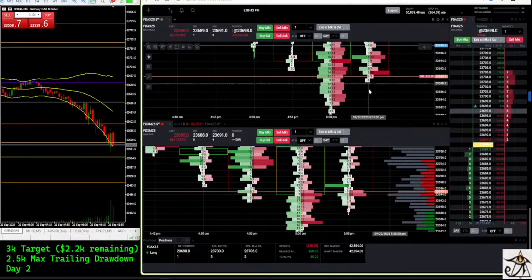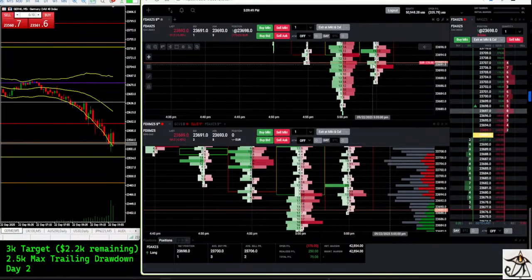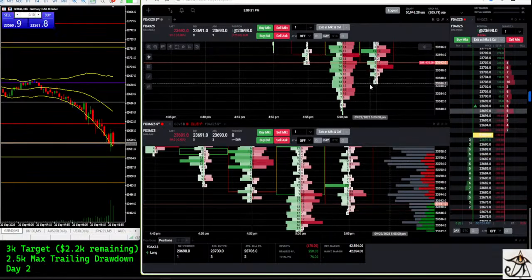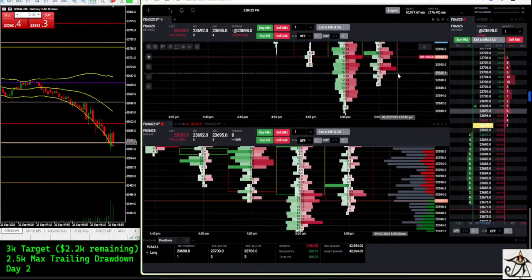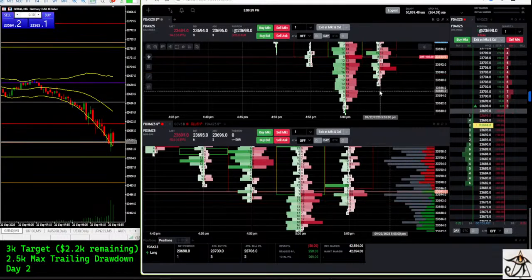We'll see if that holds up. But if we do start to see a lot of bid orders coming through quite quickly, that could mean aggressive selling coming in. So we just need to be wary of that side. If there's a lot of sellers coming in, I'll need to be able to act quickly.